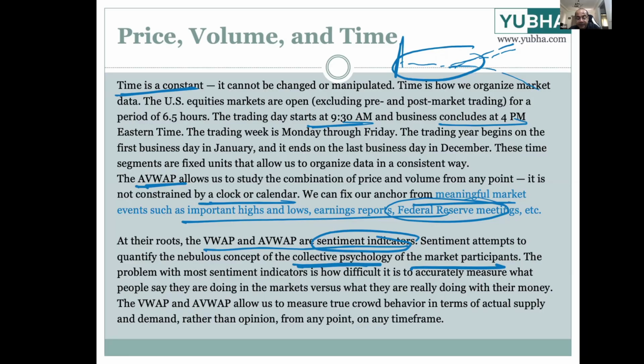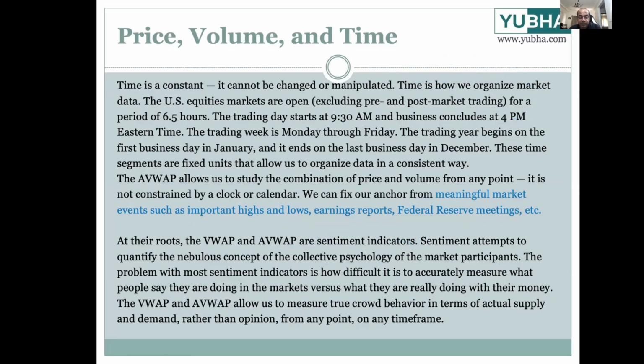So basically what it says is that, okay, if I've taken up 500 shares of a particular company at a particular price, if somebody else has taken up 1,000 shares at probably the same price, and if it starts going down, it means on an average both of us are losing money. If I've purchased those 500 at a lower price, somebody else has purchased it at a higher price.